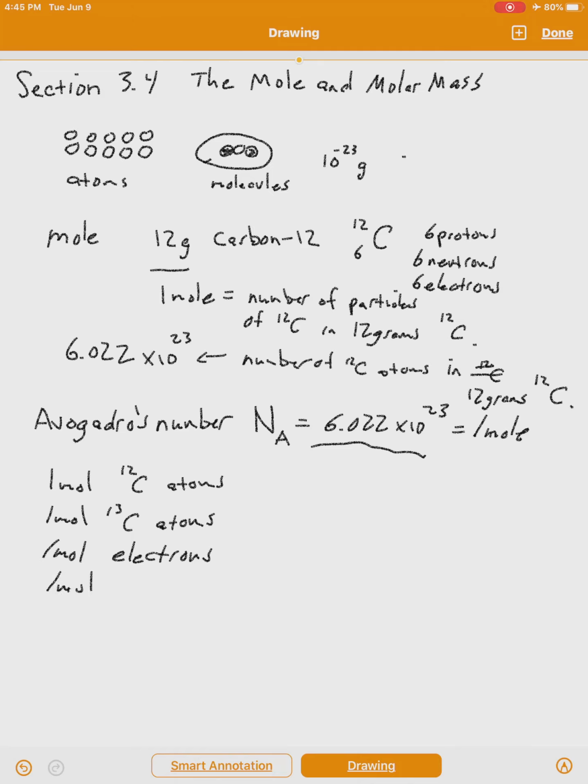You can have a mole of what are called photons. We'll talk about that in chapter 6. It doesn't matter what the type of particle is. It's just saying there's some number, Avogadro's number, and we're going to define that as a mole of whatever it is. Okay? So in a sense, a mole is just a way to count things.